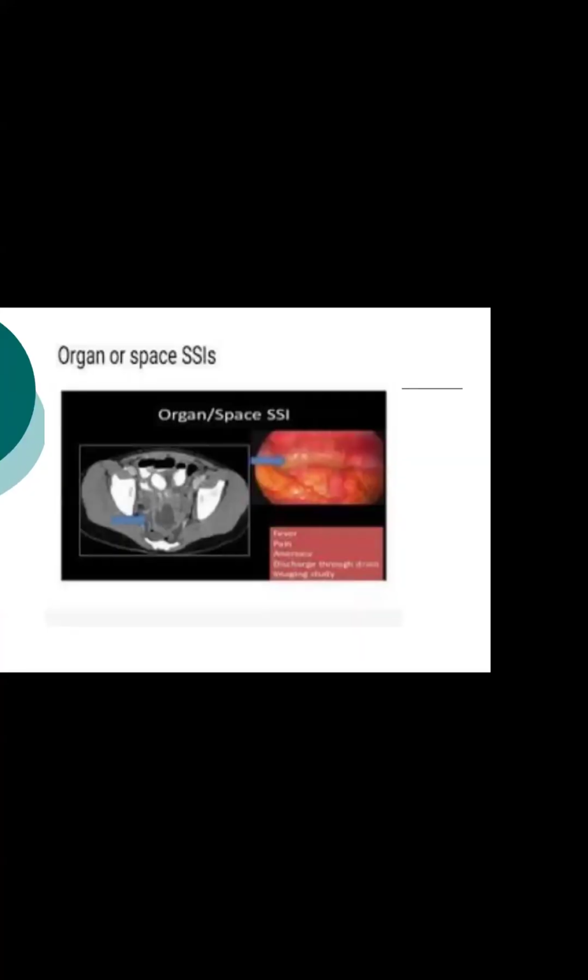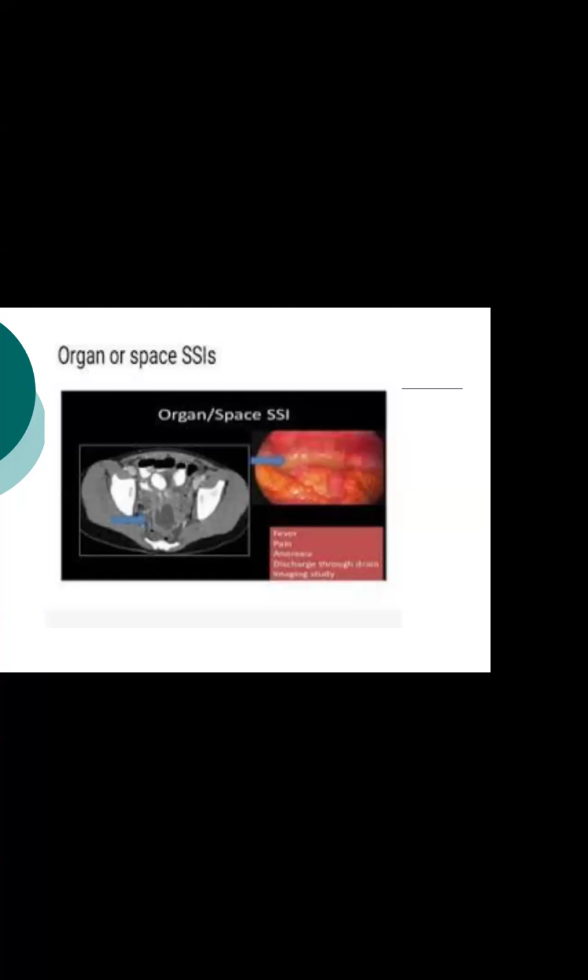Now you see organ or space. Why this image? Because you cannot see it. Sometimes the infected organ is internal, like a kidney transplant that is internally infected or rejected, but you can't see it externally. The wound externally is good.